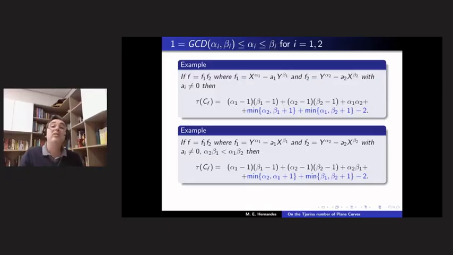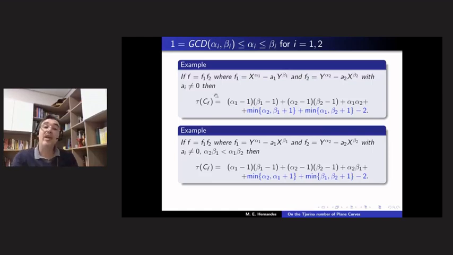In this case, it's possible to describe the cycle number with respect to F1 and compute the values with respect to the branch F2. And we obtain these values, and this gives a formula for the Tjurina number.